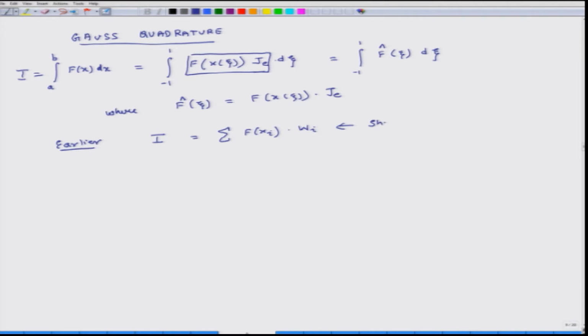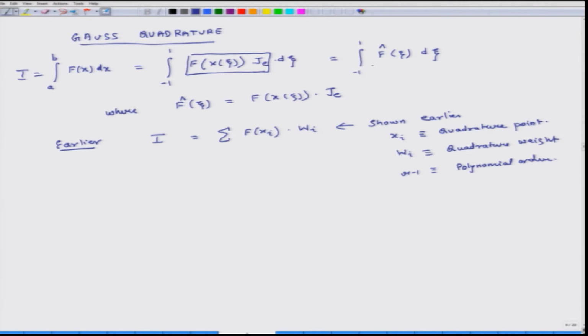This we had shown earlier, where xi was the quadrature point and wi was the quadrature weight, and r minus 1 was the polynomial order.